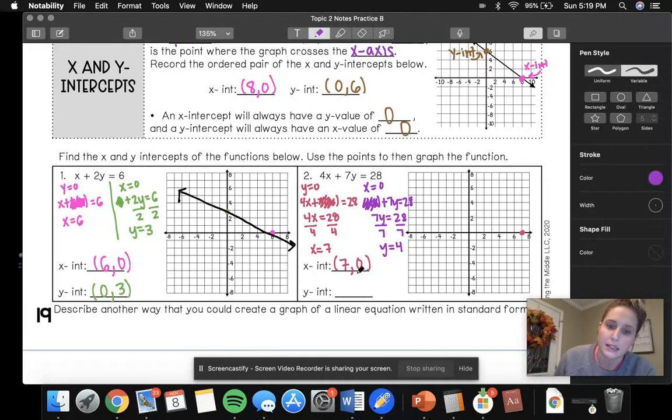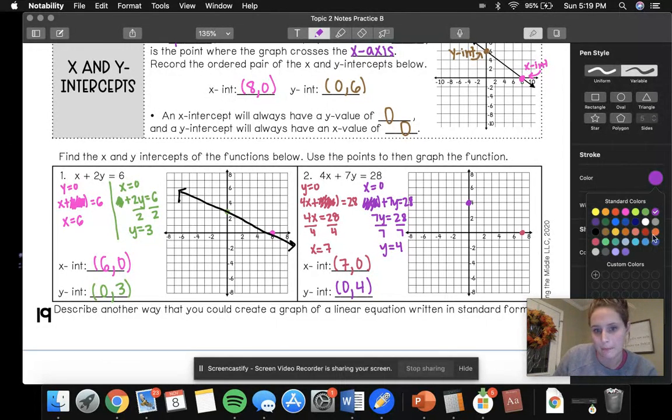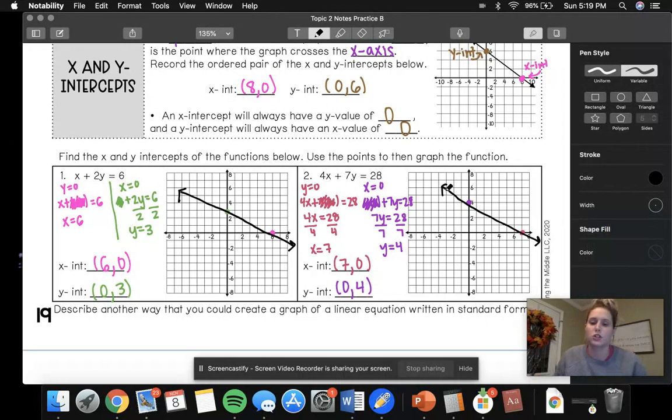So when x equals 0, my y value was 4. So my y-intercept is 4. Now I'm just going to connect those the best that I can. Again, this is just a rough sketch. We're just checking to see if you have the x and y intercepts correct.